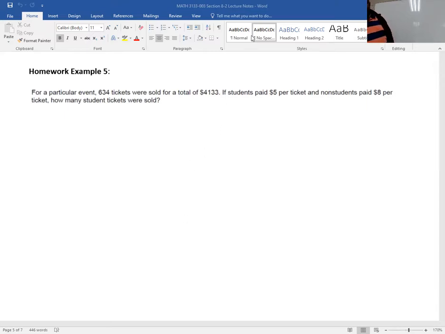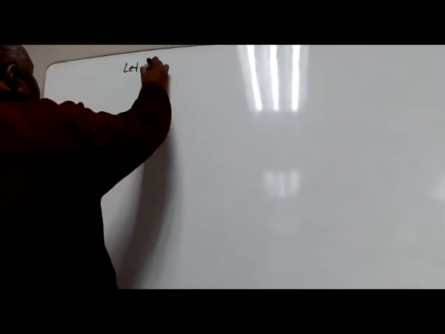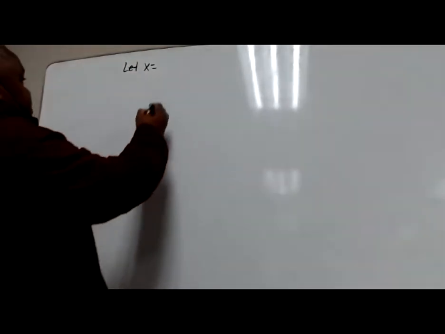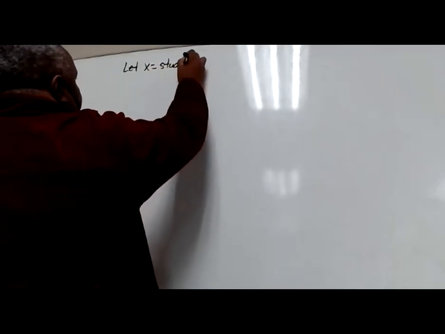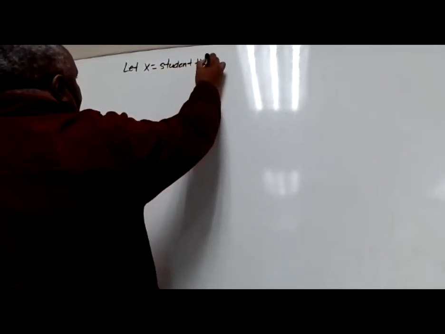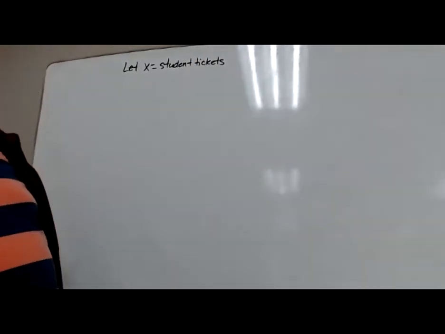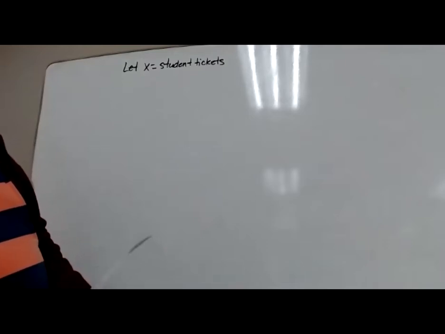So let's start by letting X be the number of student tickets sold. I'll just let X be student tickets. All right, so let's take some of this information that we have here.